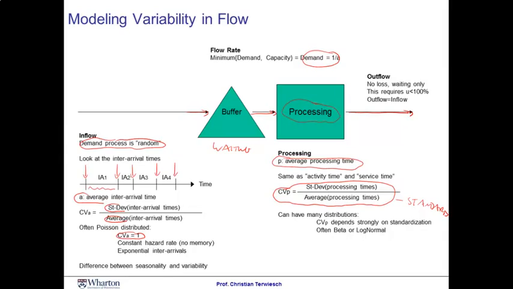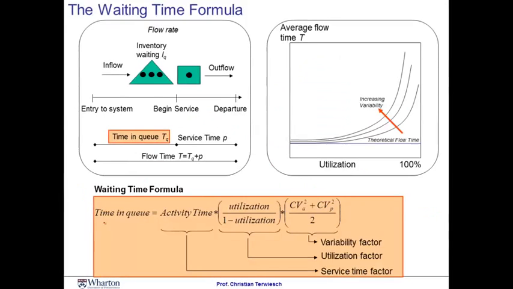Equipped with all of these definitions, we're now ready to compute the time in the queue. Notice that the time in the queue will vary for each individual customer. So the best we can do is compute the expected or the average time in the queue. Now the following formula will allow us to compute this time in the queue.